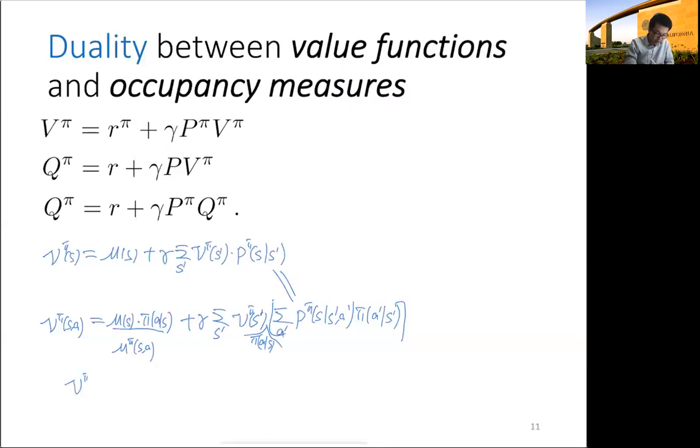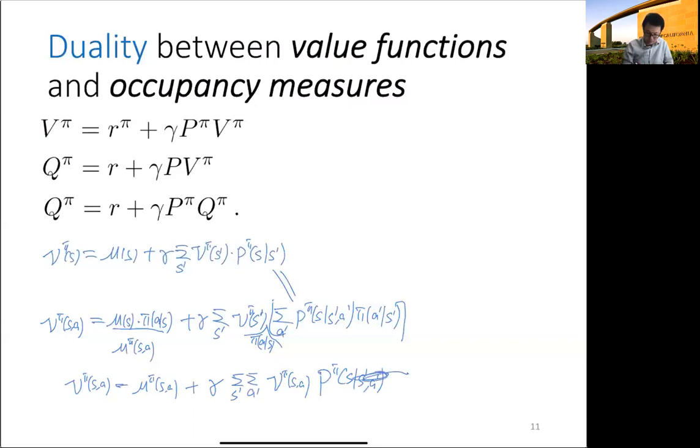It gives us the state action occupancy nu pi of S, A equal to mu of S, A plus gamma times the summation over S prime and A prime of nu pi of S prime, A prime, and then the transition.